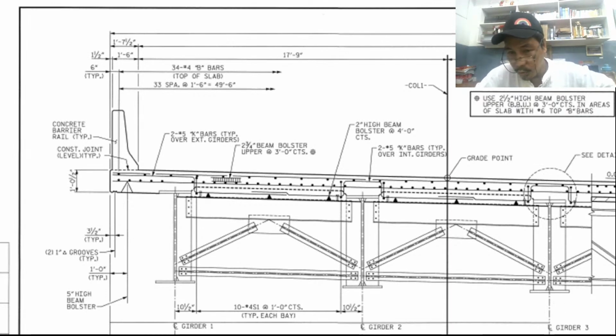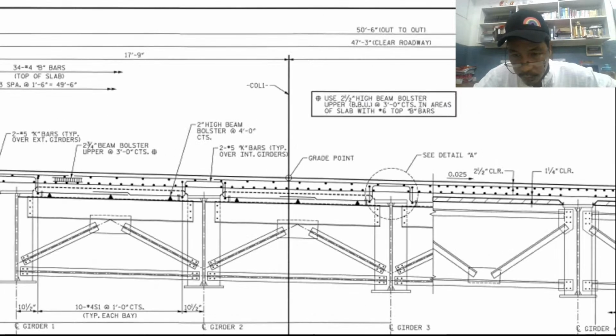So another 2 so that we can make up the 4 spaces. Okay? So this is what? 3 feet and 9 inches from the edge to the first girder. Okay, so any question? So next.